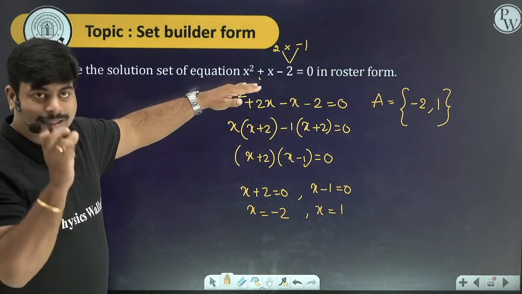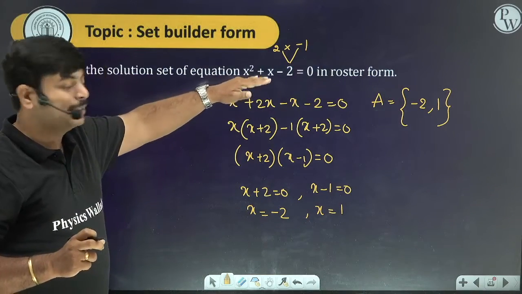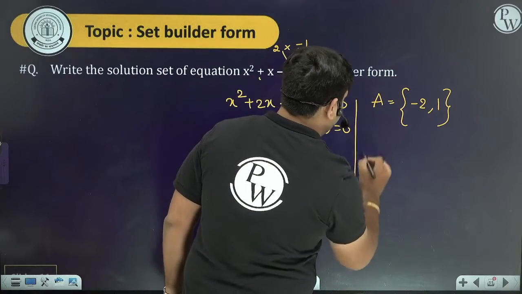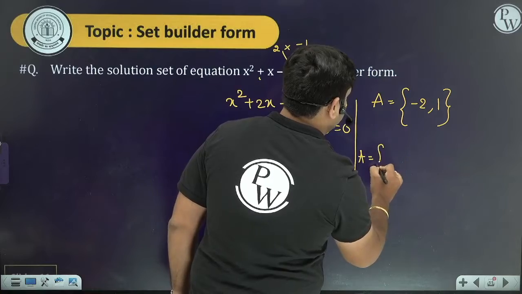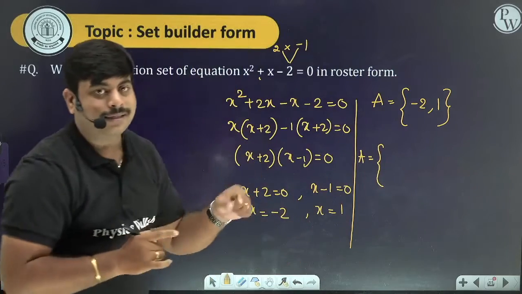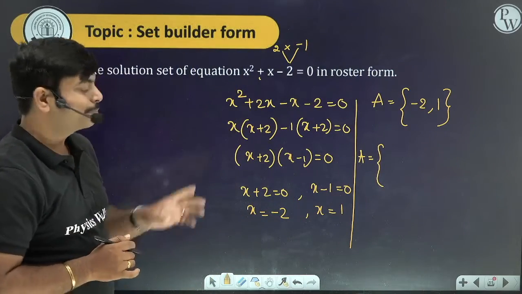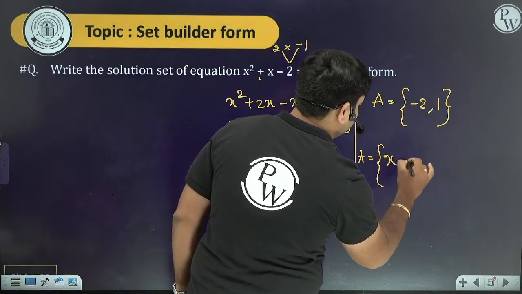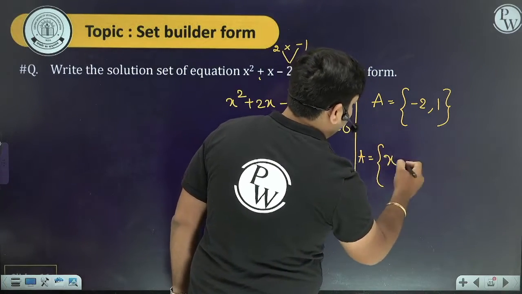Because x should be a solution of x square plus x minus 2 equal to 0. So in that case, carefully see, I'm writing the same answer in set builder form as well. A is equal to, I write x such that, or you can take any other letter, right?